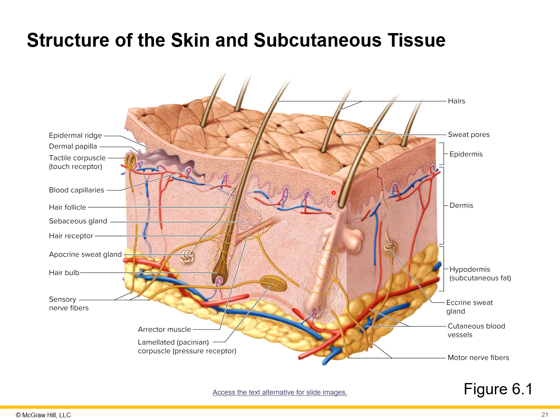So as the cells in that bottom layer are doing mitosis, they're pushing the cells above them up and away from that nutrient supply, causing them to die.